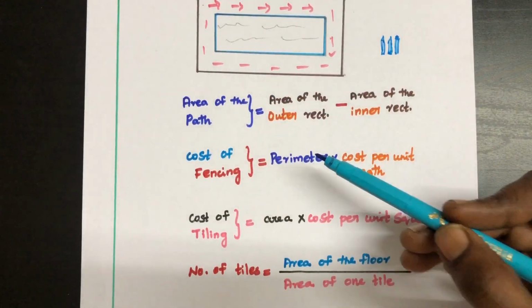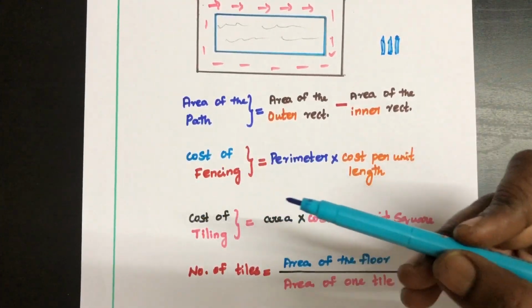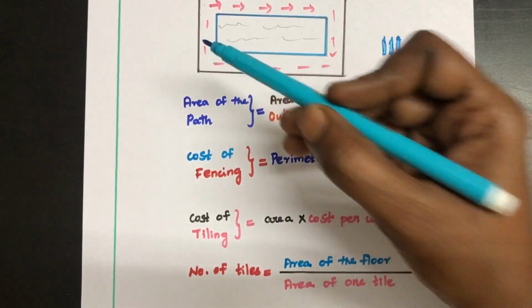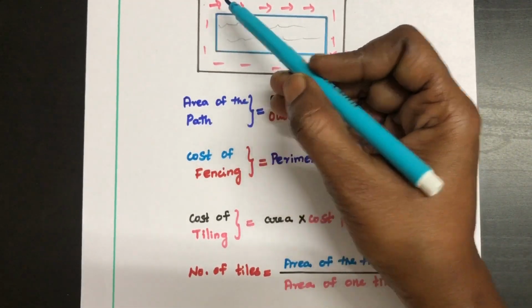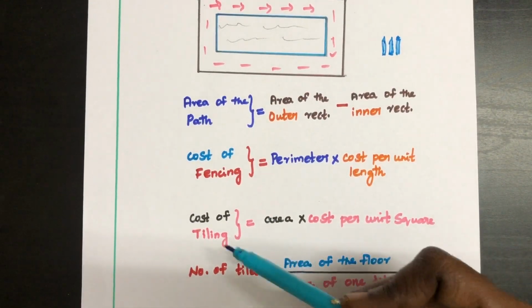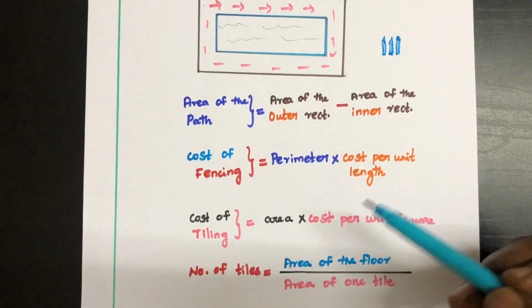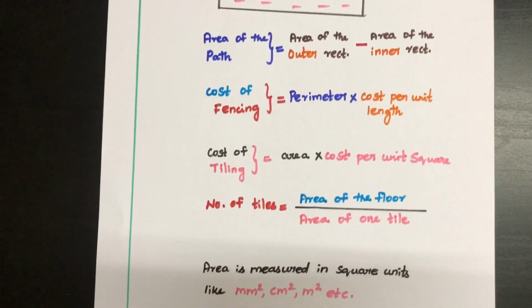In our house, wherever we are living, the floor portion is where we put tiles, right? That is the cost of tiling. Tiling always deals with the inner surface of the house. So cost of tiling is equal to area into cost per unit square.